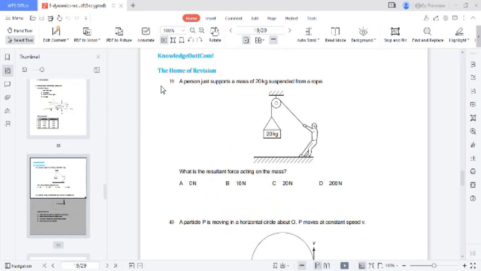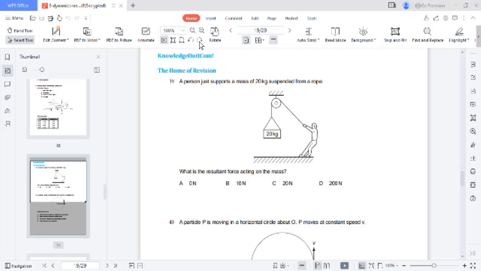So now number 39. In number 39 it states a person just supports a mass of 20 kgs. This is the mass which is 20 kgs suspended from a rope.